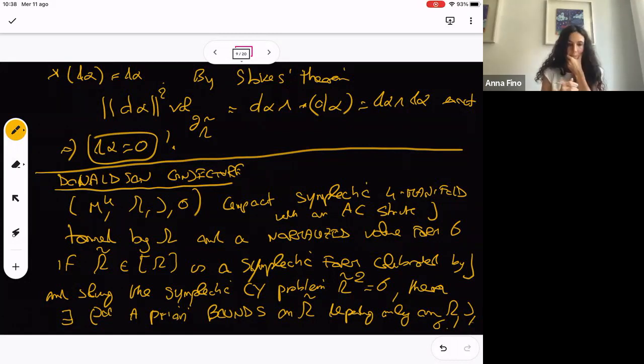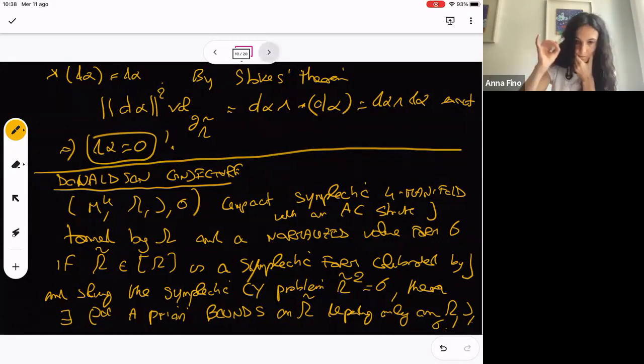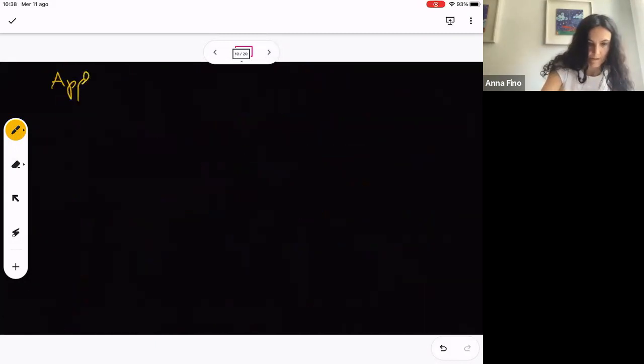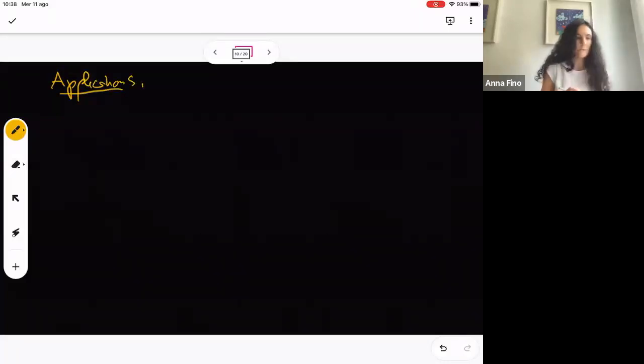This conjecture has nice applications if it's true. There is a nice paper by Tosatti and Weinkove where they consider this conjecture and formulate it, as we'll see later, in terms of the Chern connection.